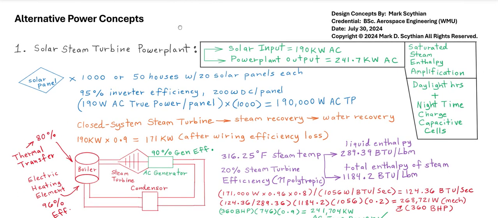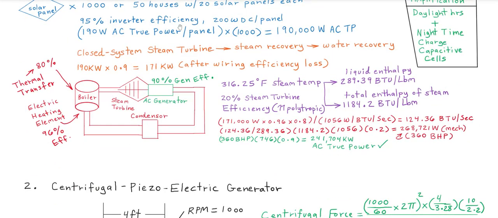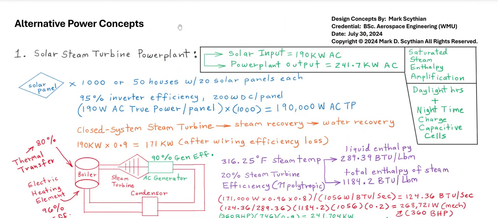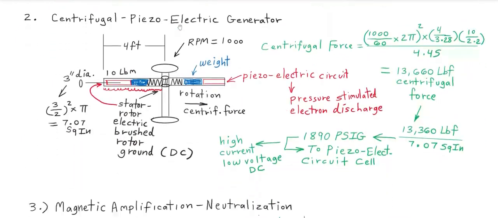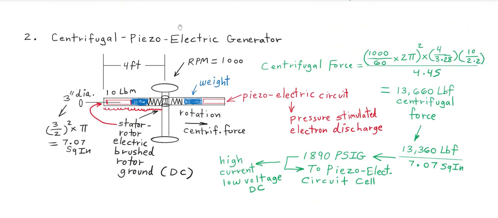Solar steam turbine power plant. This is amplification of saturated steam enthalpy to a steam turbine from solar panels. The centrifugal piezo-electric generator, so that's pressure stimulated electron discharge sourced from centrifugal force of weights inside a canister.